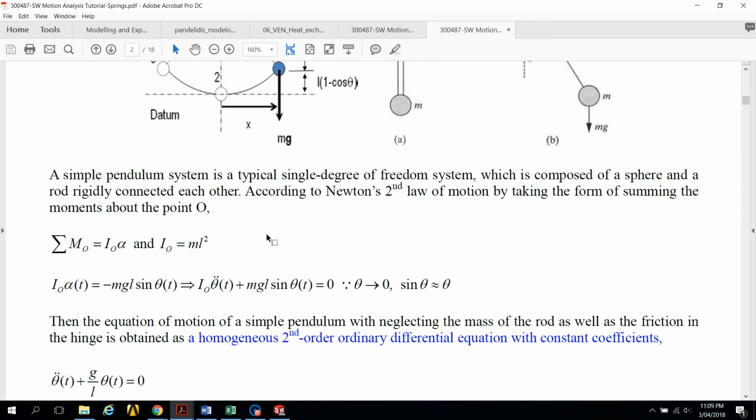A simple pendulum system is a typical single degree of freedom system composed of a sphere and a rod rigidly connected to each other.